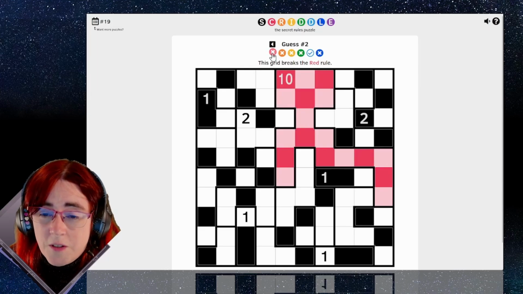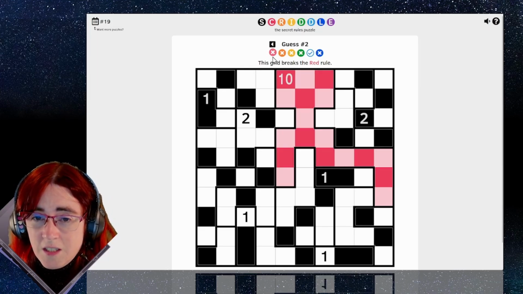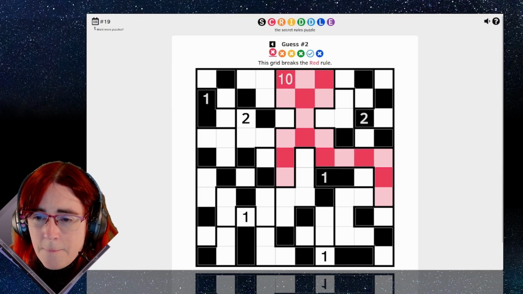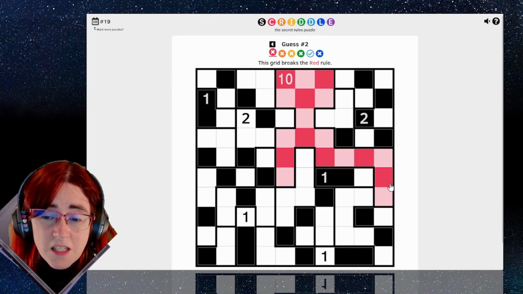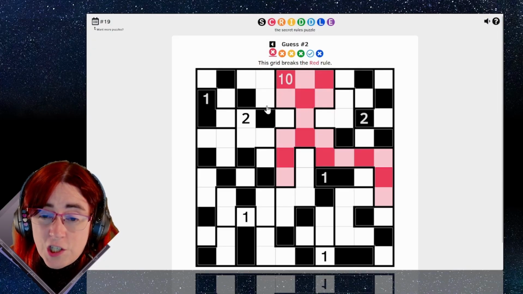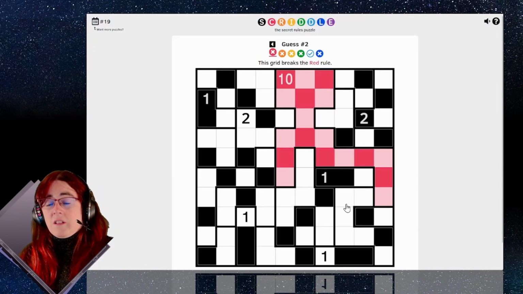Right, let's just go through all the feedback because they're all going to be interesting. Right, so we flipped this, and so the red rule is still not satisfied. Maybe it's about the size of a contiguous shape. Maybe we need to have 10 contiguously connected shaded or unshaded cells.